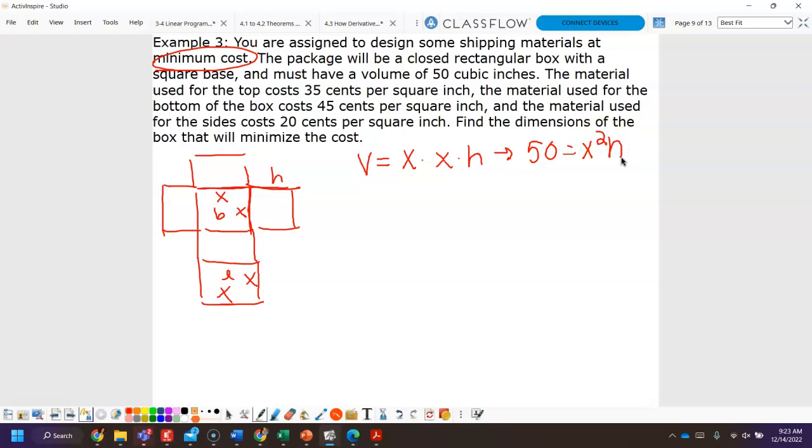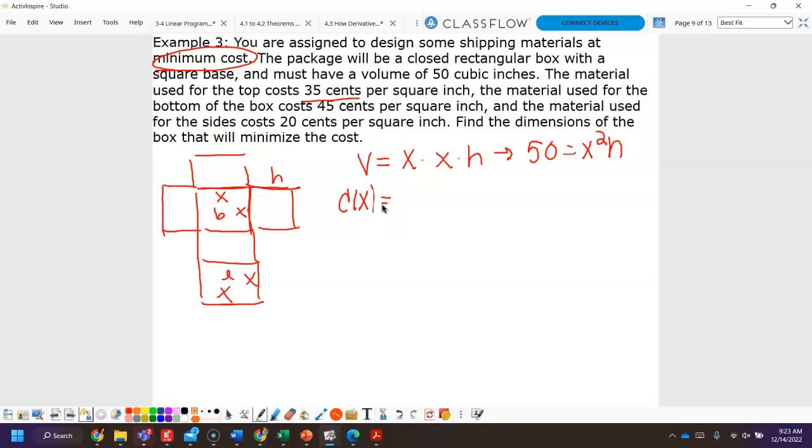The material used for the top costs 35 cents. So now we're creating our cost function. So the top material costs 35 cents.